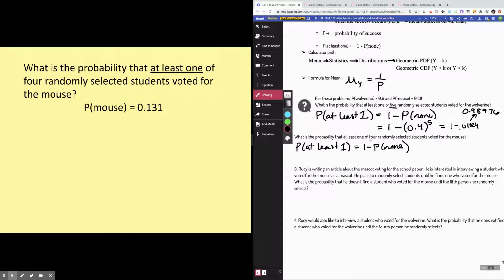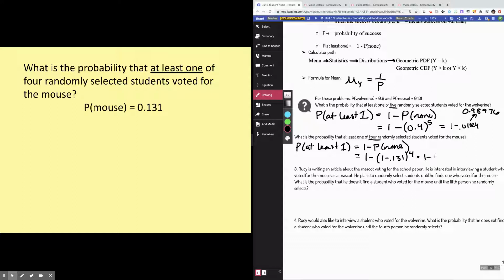We're saying at least 1 of 4 did vote for the mouse, so here we're doing 1 minus the probability of none, meaning that none voted for the mouse. If the probability of voting for the mouse is 0.131, this is 1 minus 0.131. If none of them voted for the mouse, then I'm going to raise that to the 4th power because there were 4 students.